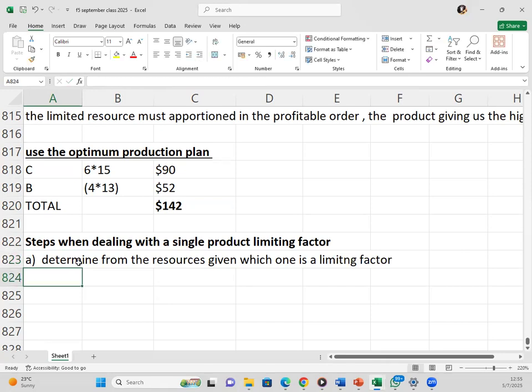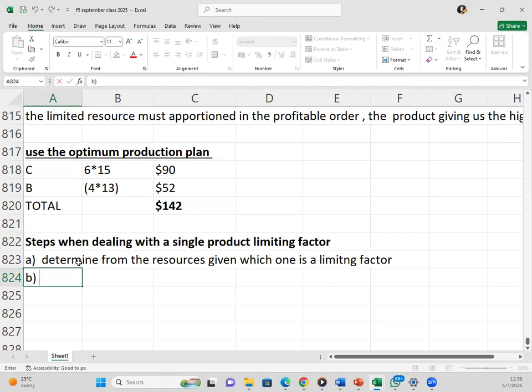From the list of resources they've given us, which one can we say is a limiting factor? So how do you identify it? You identify it because it's not enough. The resource that is needed is more than what is available.